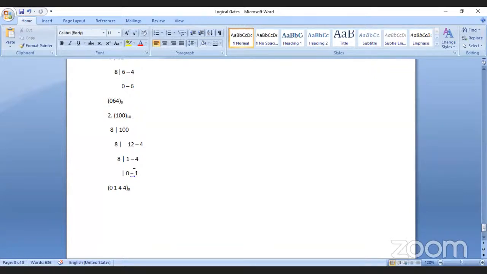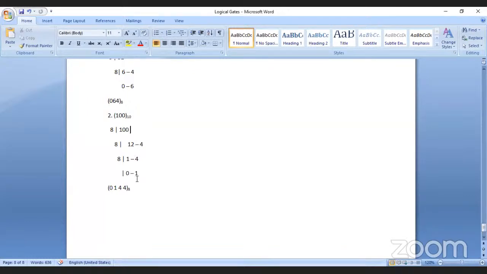Okay, right. So see here, the first step: when converting a decimal number to an octal number, I have to take 8. Next, I need to find out the remainder in each step. Third point, I have to take all the remainders.